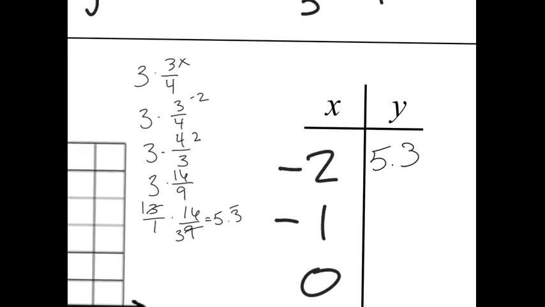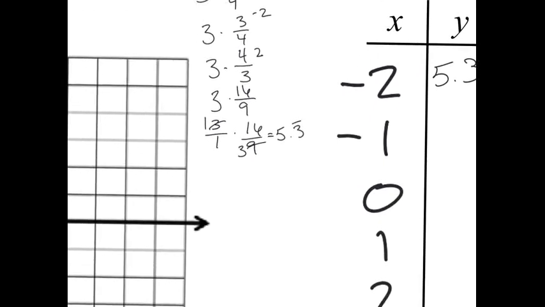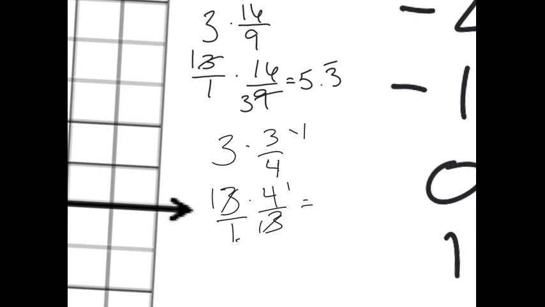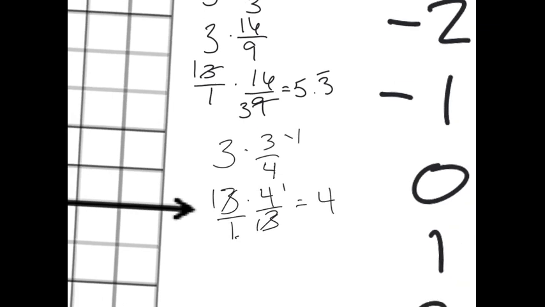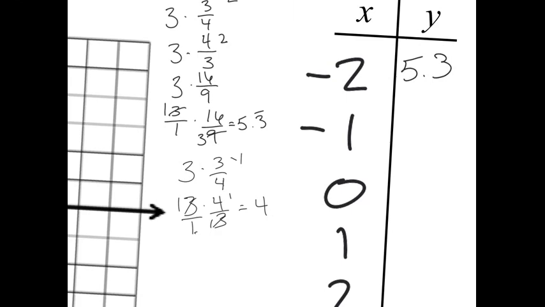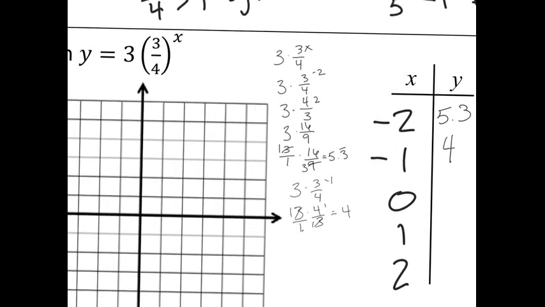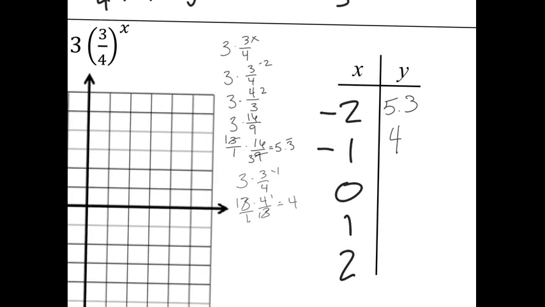Okay. Same thing with -1 now. 3 times 3/4 to the -1 power. We do the reciprocal, so now it's 3 times 4/3 to the first power. Then you just multiply, cross simplify, so we get 4. So when x is -1, y is 4. Remember that when x is 0, it's just your y-intercept, which is the a value. So this one's 3.